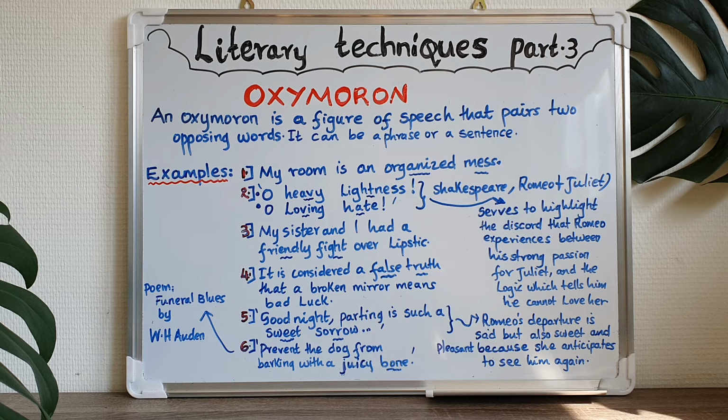So, what impression, what effect, what do you think is the underlying meaning of the use of that oxymoron? It is considered a false truth that a broken mirror means bad luck. A false truth. Now, what this means is that it is actually a myth, okay? It is a myth.